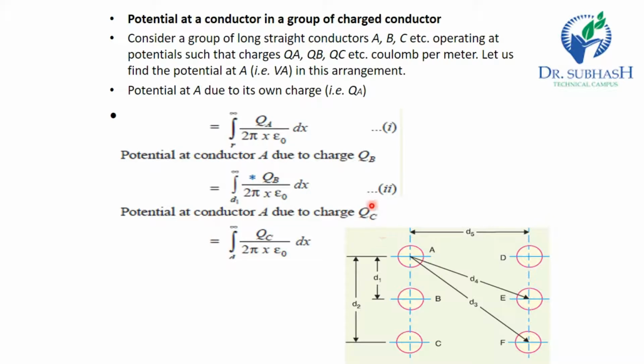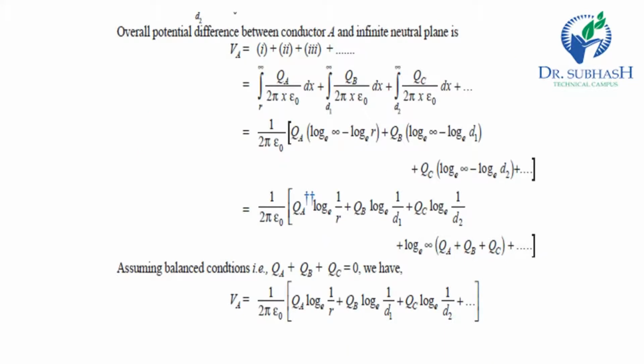Same for Qc: we have taken D2 to infinity, Qc by 2 pi epsilon 0 dx. The overall potential difference between conductor A and the infinite neutral plane is the sum of conductor A's own charge and the effect of the other conductors in parallel.